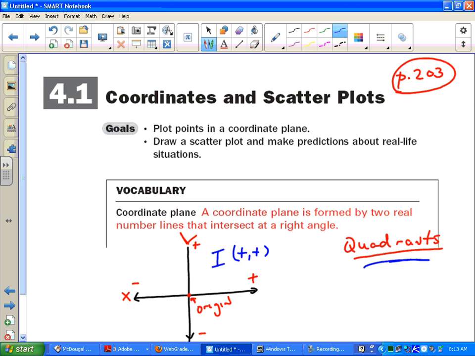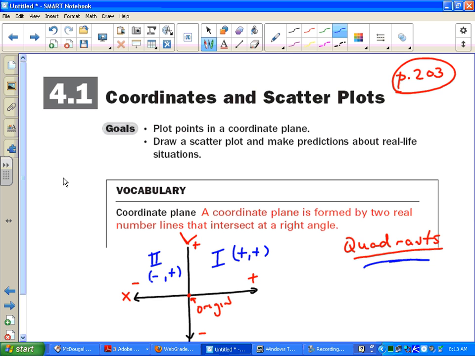It goes counterclockwise, meaning it starts in this quadrant and instead of going down, we're actually going to go to the left to go to quadrant number 2. Quadrant 2's values are negative as you look at the x value, and positive as you look at the y value. So it's negative then positive.